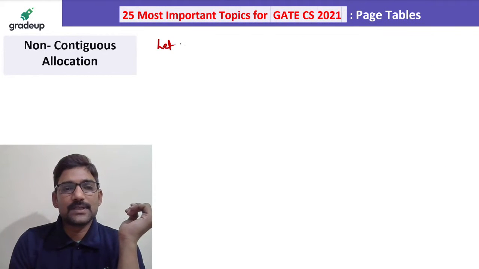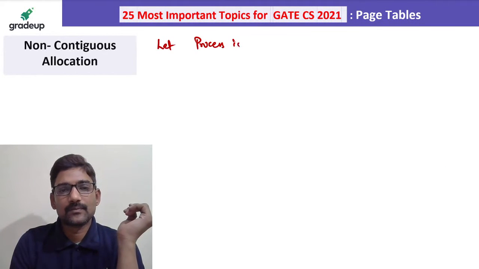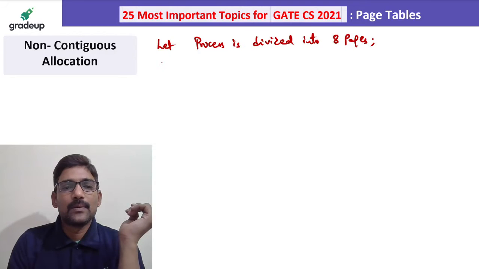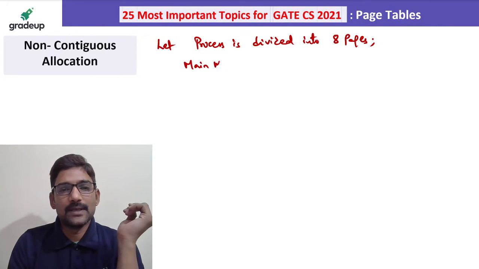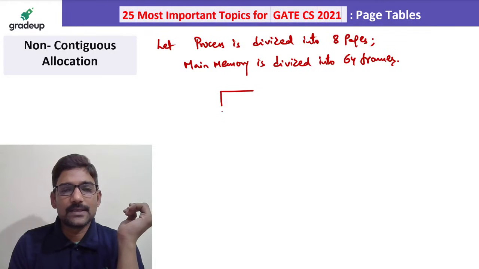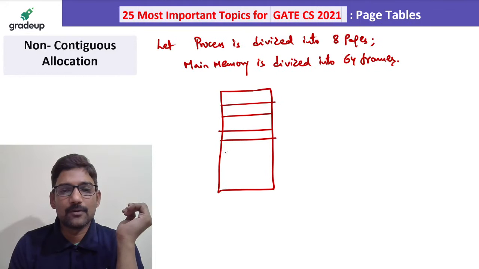For example, let a process be divided into eight pages, and main memory be divided into 64 frames. Assume this is the process P0, with pages numbered 1, 2, 3, 4, 5, 6, 7 and 8.